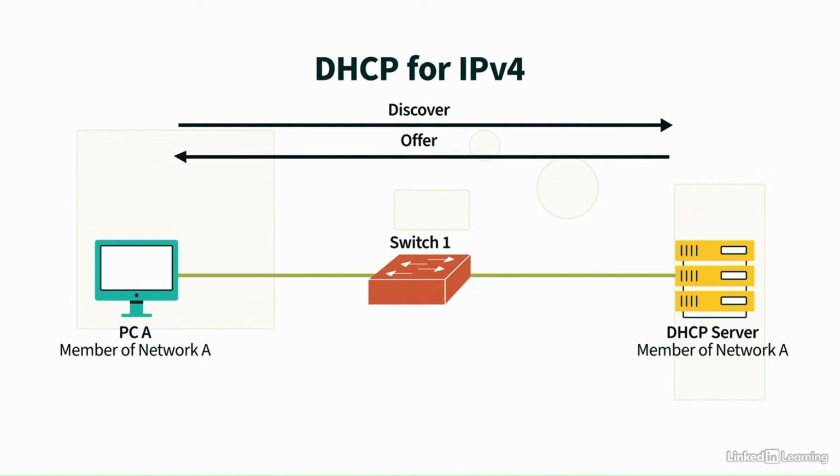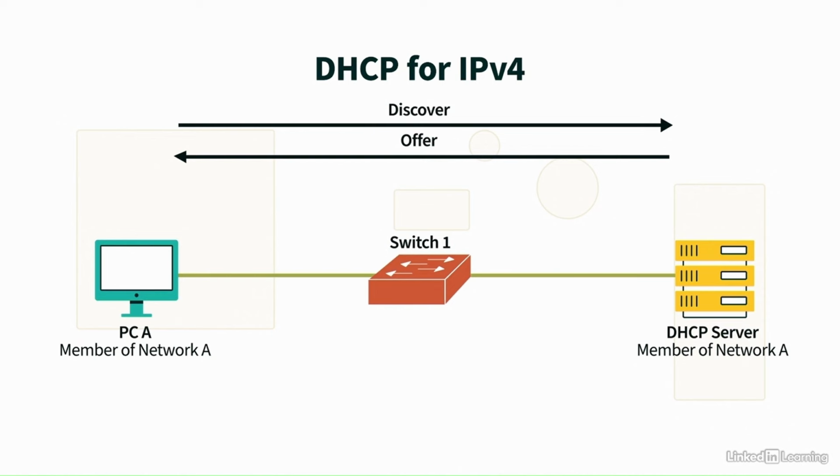Now, when the DHCP server receives that Discover broadcast, it responds to PCA with an Offer message. That's the O in the DORA memory aid. And the DHCP server's Offer message tells PCA the IP address of the DHCP server. And PCA might receive more than one Offer message coming in from multiple DHCP servers on the subnet. And it's going to select the Offer message that it receives first.